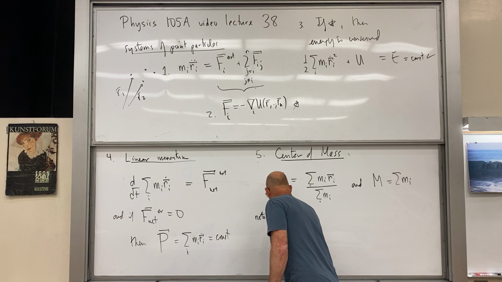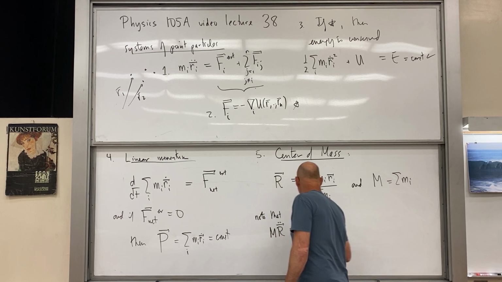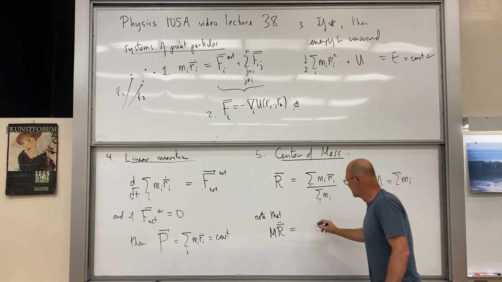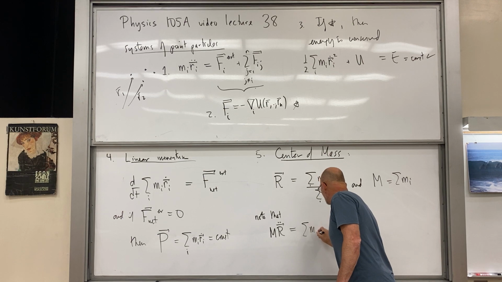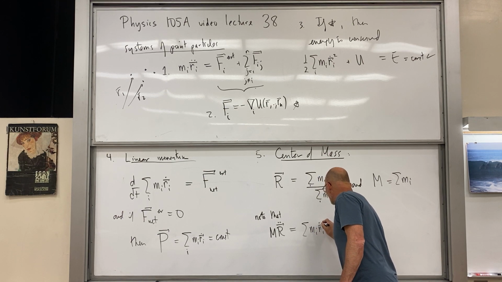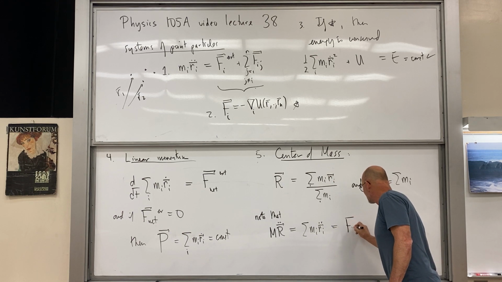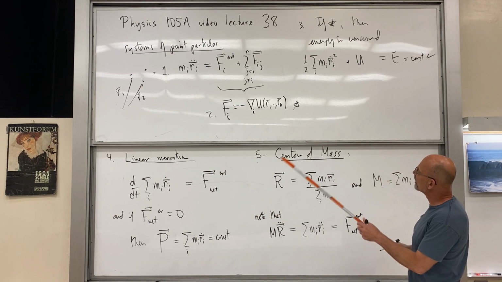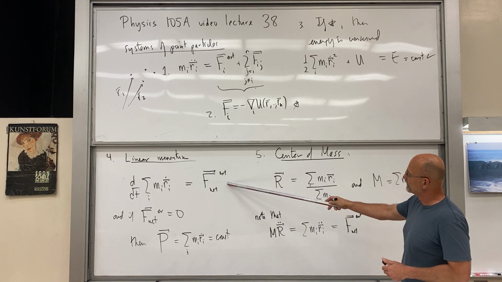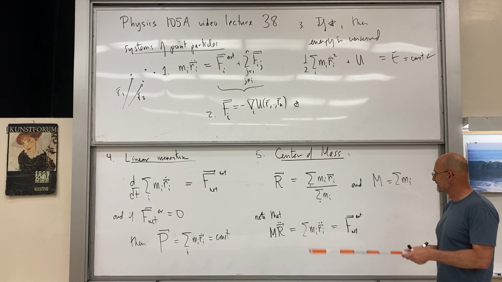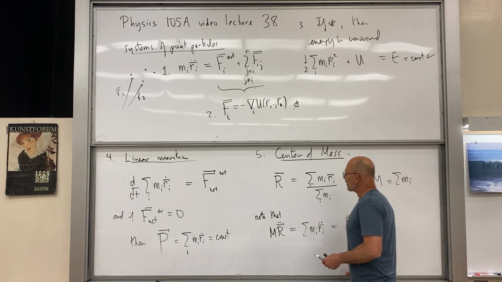So M R second derivative, I'm just cross multiplying over and taking 2 derivatives, equals the sum of m_i r_i second derivative, which equals F net external, right? We still have everything up on the board. This came from the sum of those.